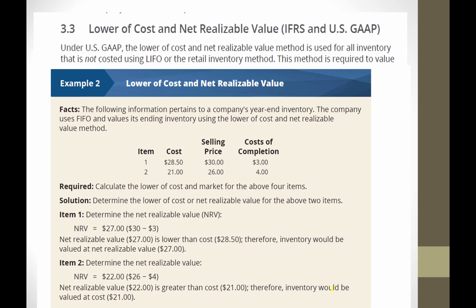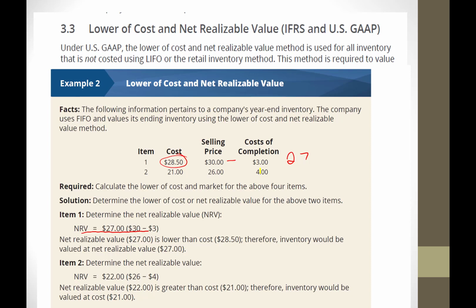Okay. But for all other U.S. GAAP inventory methods, it's very simple. You simply take the net realizable value and you compare it to the cost to see which is lower. Now remember, net realizable value is selling price less cost to complete, right? So you simply take that net realizable value, compare it to the cost, which is lower?